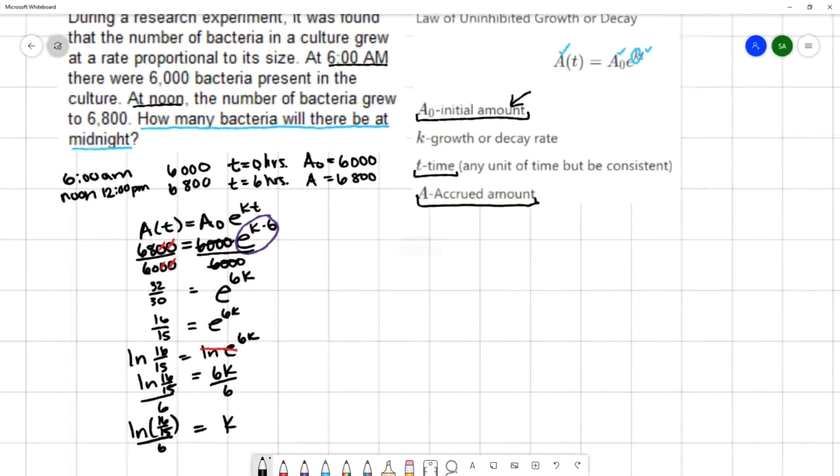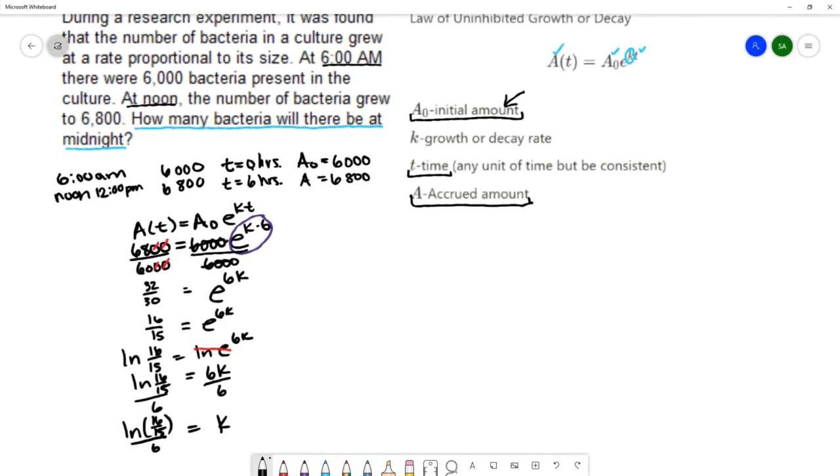So we want to know how many bacteria will be there at midnight. Midnight is going to be at 12 a.m. So it's going to be an additional 12 hours. We don't know this number of bacteria, but we do know that's going to be 18 hours later. So I'm going to be able to use my model.